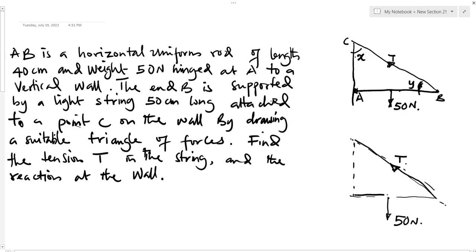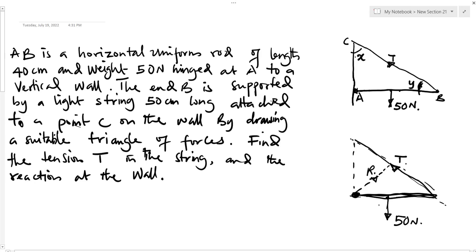Now, this one is the rod, and this object is at the middle. Now, there is a reaction here on this hinge, which will be pointing along this direction, R.